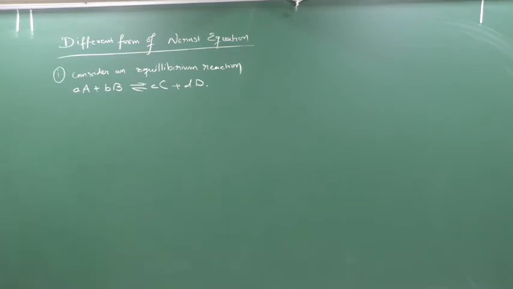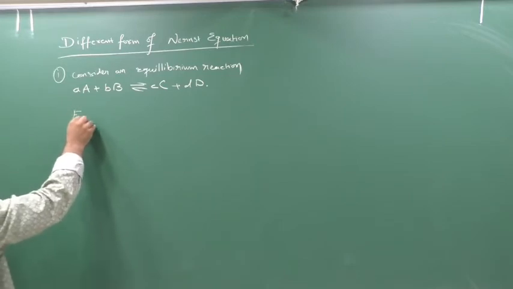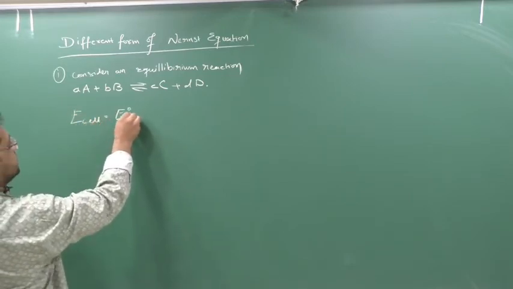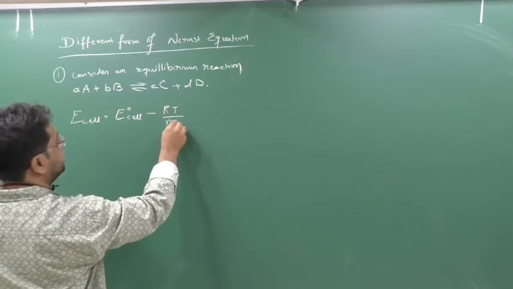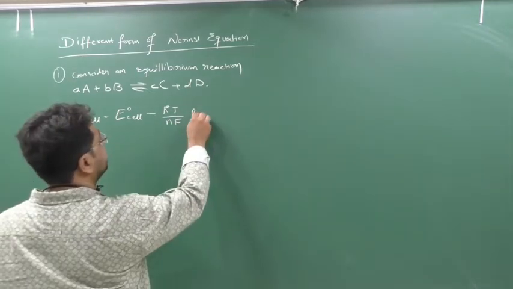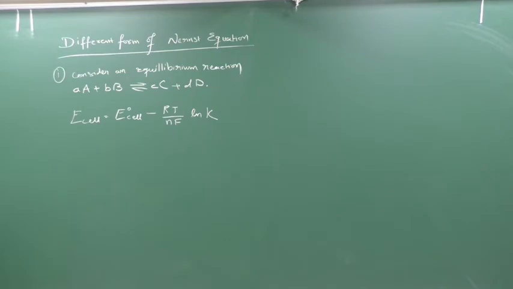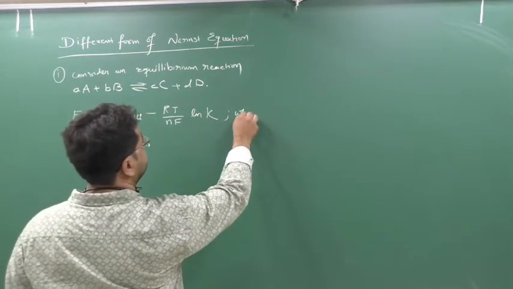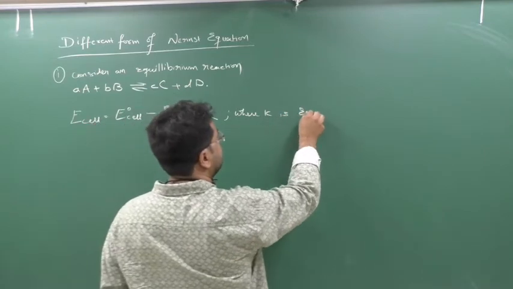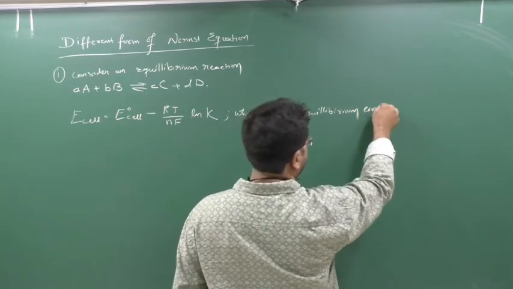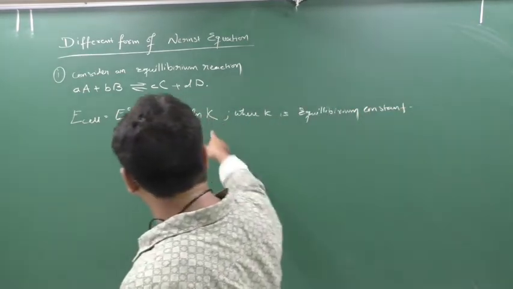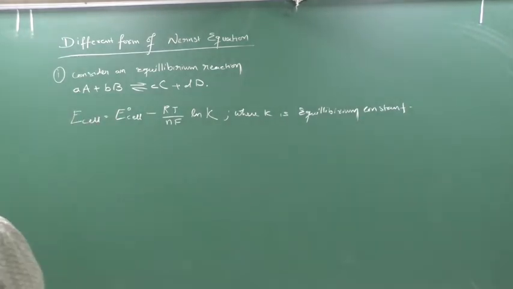The Nernst equation for the equilibrium reaction is E cell equals E naught cell minus RT upon nF ln K. This is the Nernst equation for the equilibrium reaction, where K is the equilibrium constant. And how to derive this K, you have studied in the equilibrium chapter.